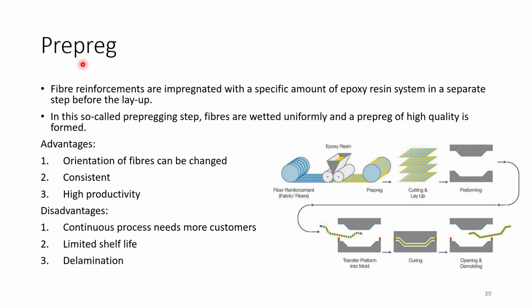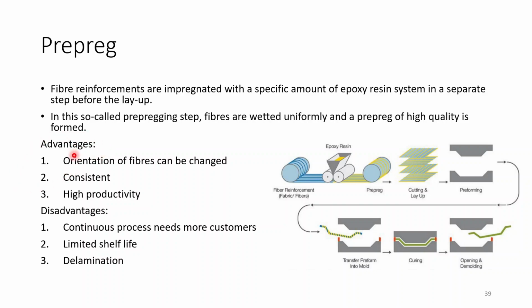Next up is pre-preg. So in this case you have fiber reinforcements which are impregnated with the specific amount of epoxy resin system in a separate step before they lay up. So in this so-called pre-pregging step, fibers are weighted uniformly and a pre-preg of a high quality is formed.